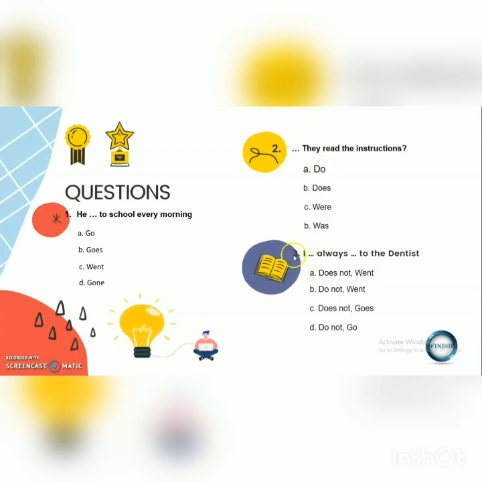And the last is: I blank always to the dentist. And we can see A, B, C, D are negative forms. The subject is I, so it is plural, so it does not add s or es.